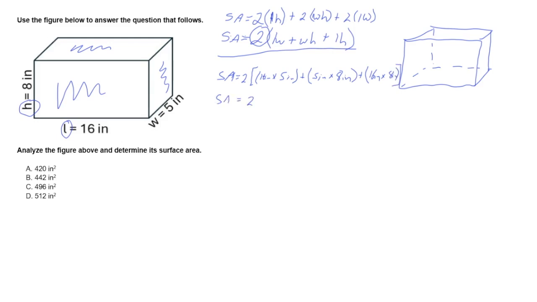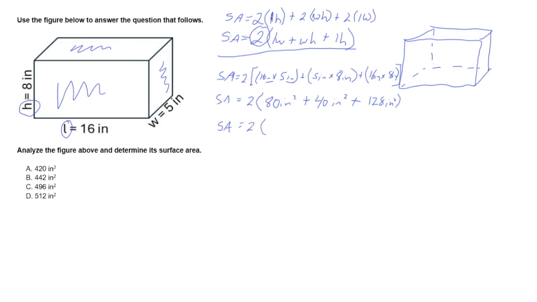Surface area equals 2 times, so 16 times 5 is 80 inches squared, because that's inches times inches, so we're now in inches squared, plus 5 times 8 is 40 inches squared, plus 16 times 8 is 128 inches squared. All right, so let's just keep going.